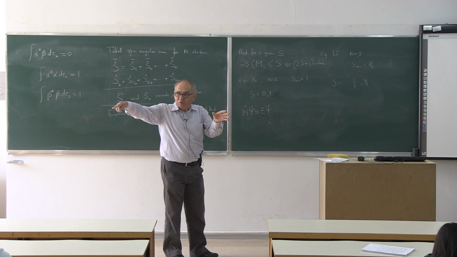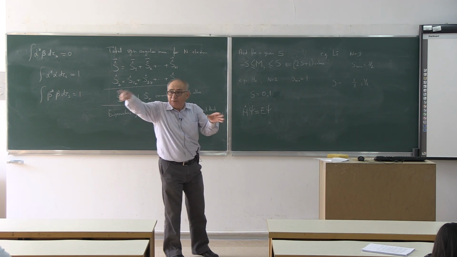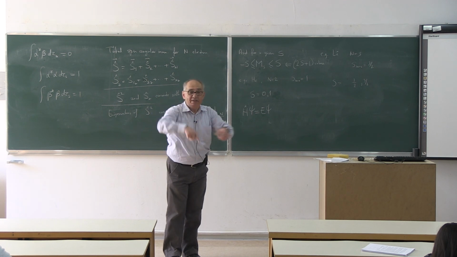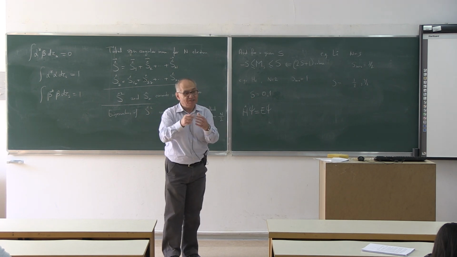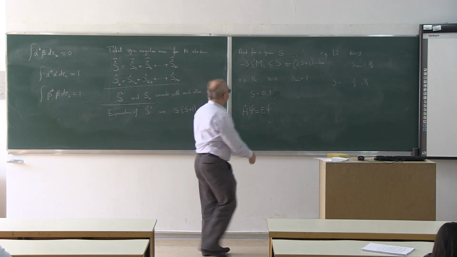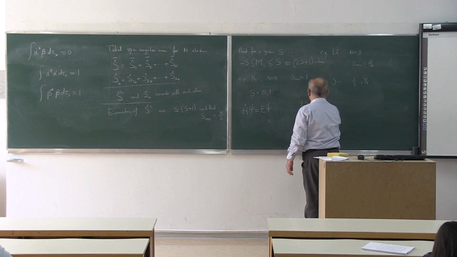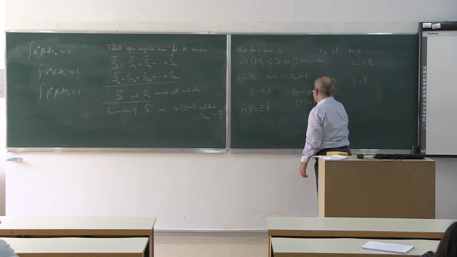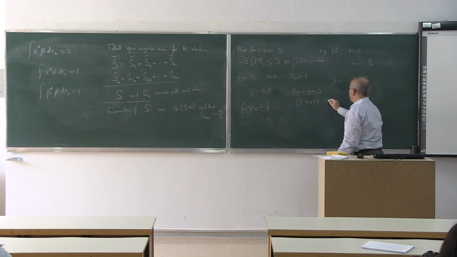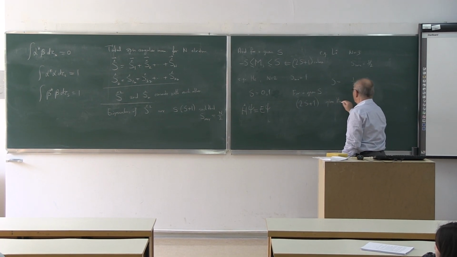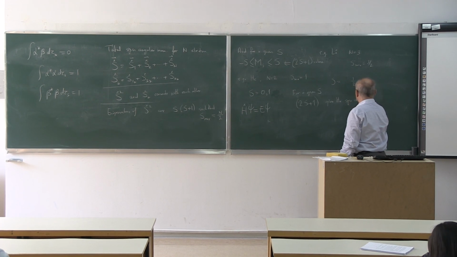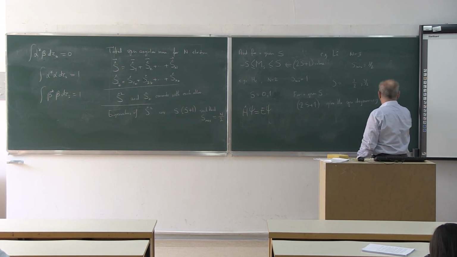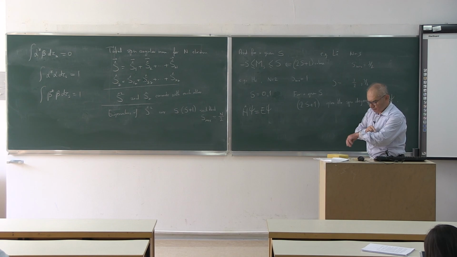In the case of orbital angular momentum, we said 2 times L plus 1. That one is about space degeneracy. This one is about spin degeneracy. These are different types of degeneracies. So, 2 times S plus 1. This is for a given S. It gives the spin degeneracy of the psi function. All right.